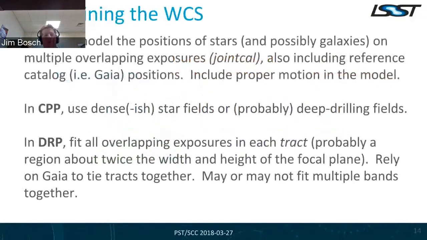So how do we constrain the WCS? And this basically again involves just forward modeling, but we're forward modeling the positions of stars and possibly galaxies. Galaxies are not useless at these depths, even if you can't centroid them individually quite as well. There's just a lot more of them.